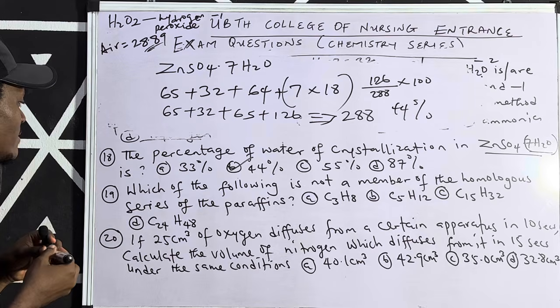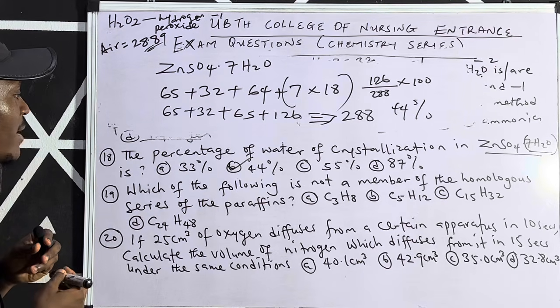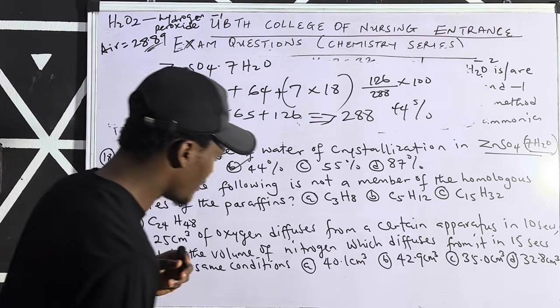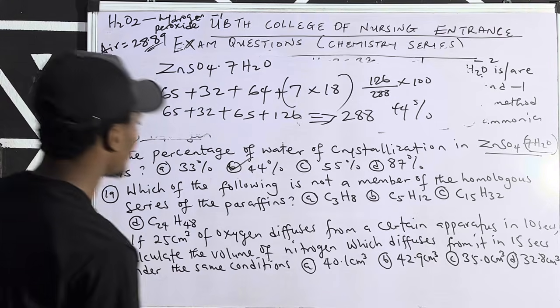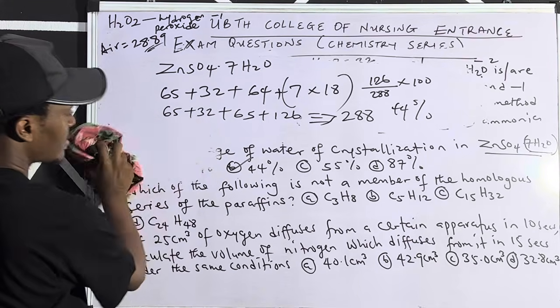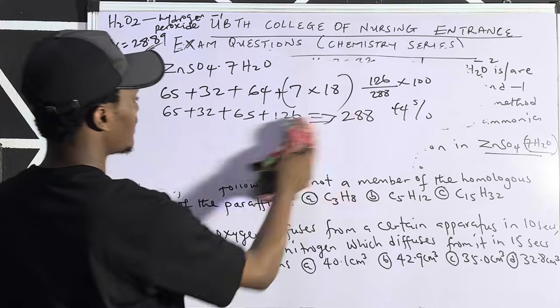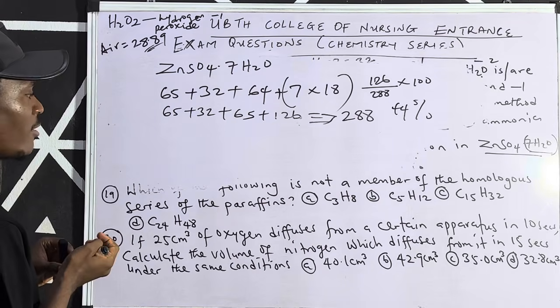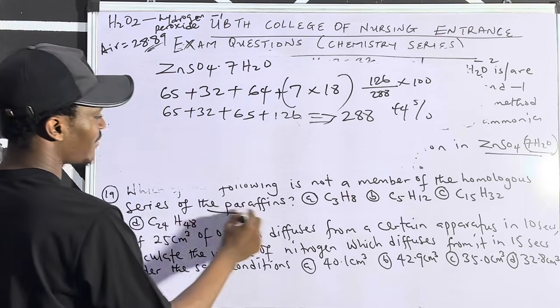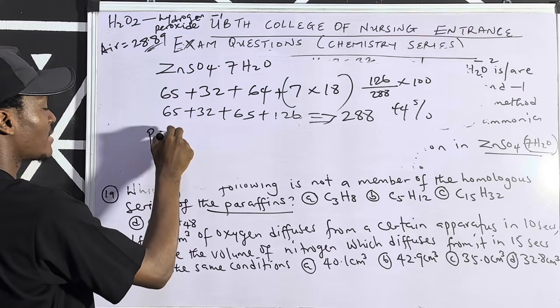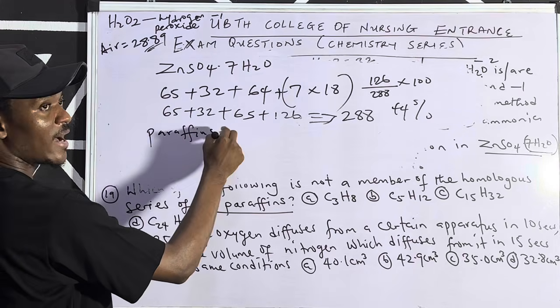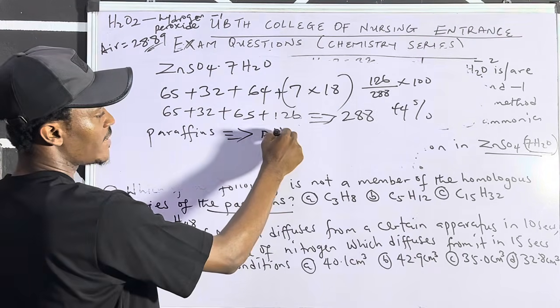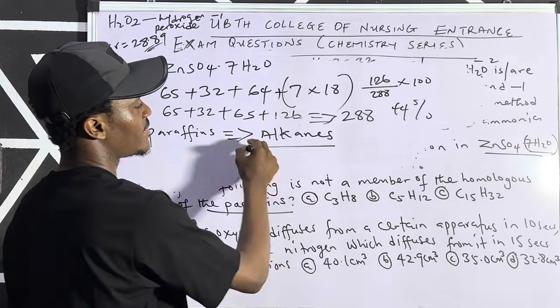Then question 19. Which of the following is not a member of the homologous series of the paraffins? This question is a tricky question, but you can get it. Is not a member of the homologous series of the paraffins. What are paraffins? Now, the paraffins are the alkanes. The alkanes.